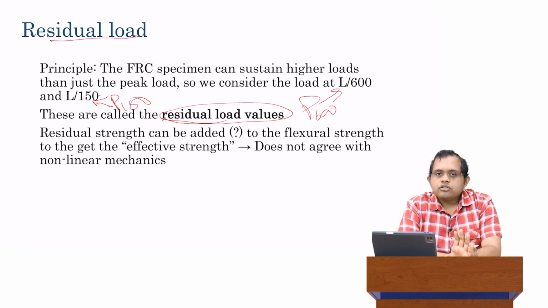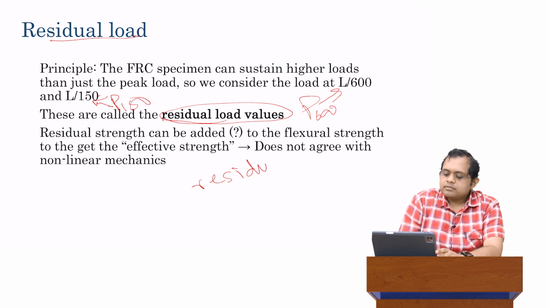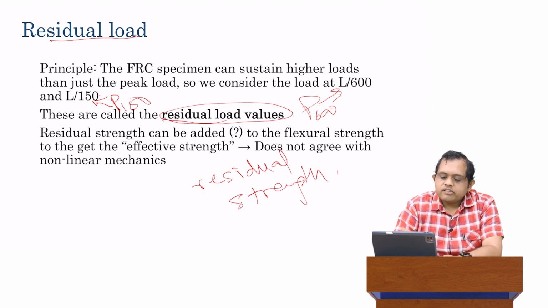If we take the residual load and get the nominal strength out of it, that's how you also calculate the flexural strength. If we calculate the nominal strength at the residual loads, then they become what we call the residual strengths. Again, this is not a structural engineering class, but basically, at those corresponding loads, you can draw the bending moment diagram.